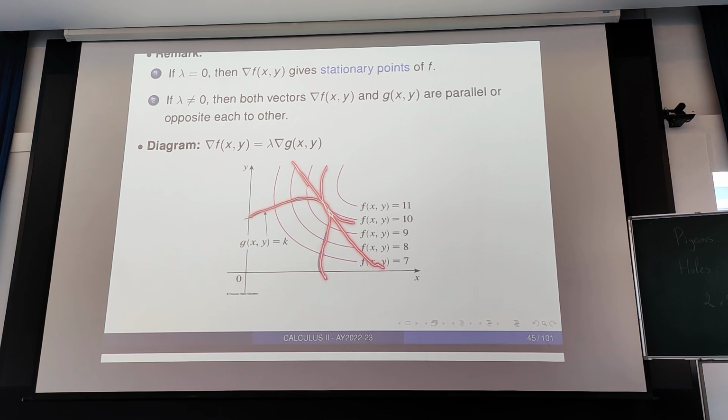In this diagram, the level curve of f is f(x,y) equals 10. They have the same tangent line. Okay, that is the geometrical meaning of this relation between the two gradient vectors.